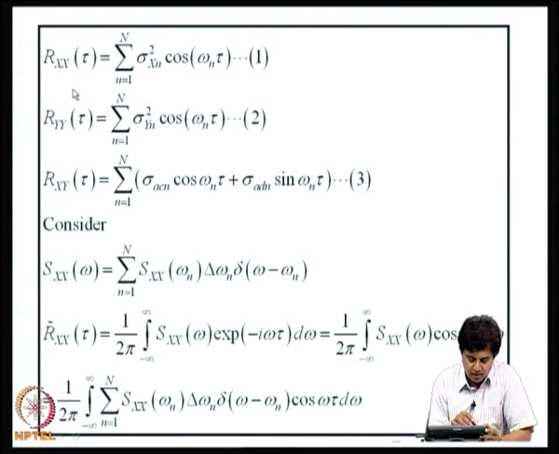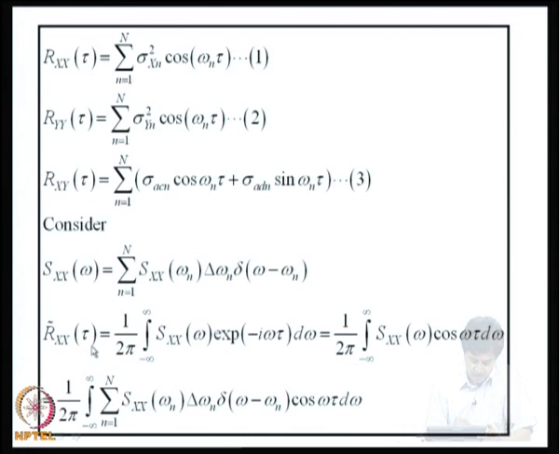Now, we will consider Rxx, Ryy, Rxy. These 1, 2, 3 are the consequence of the assumed properties of an and bn and cn and dn for n from 1 to capital N. If I consider Sxx omega given in this form, we have already seen that the corresponding autocovariance function can be made to match with a function of this form by selecting sigma xn square to be equal to Sxx omega n delta omega n divided by 2 pi.